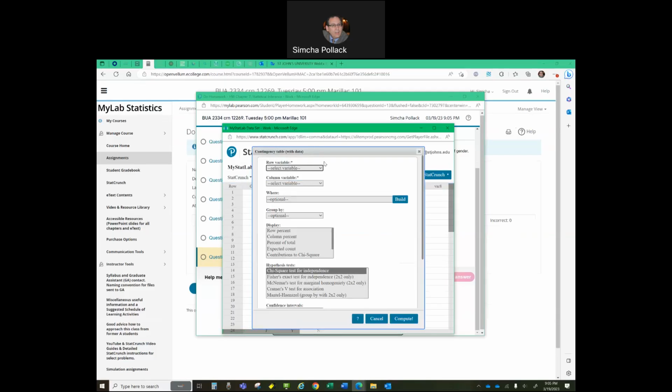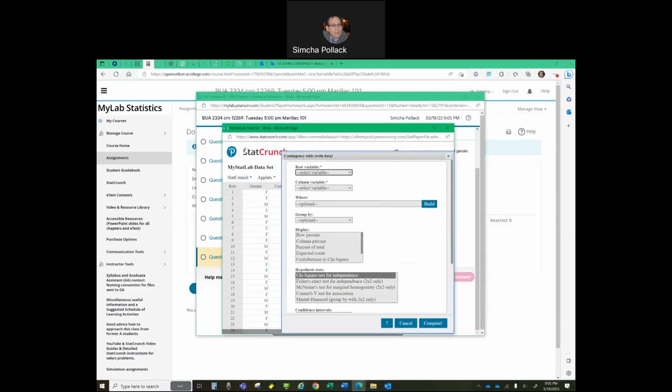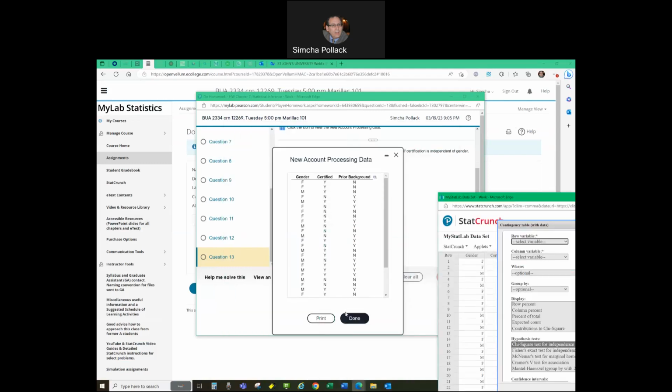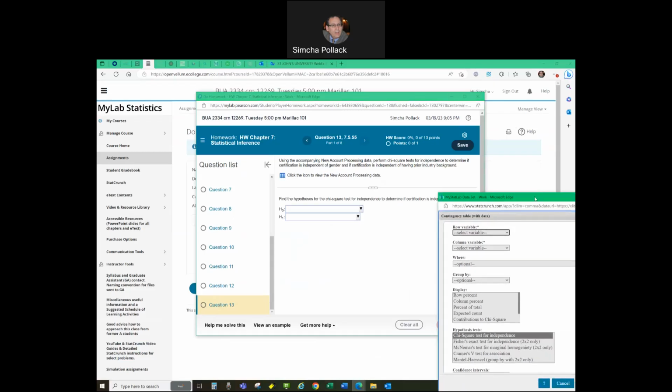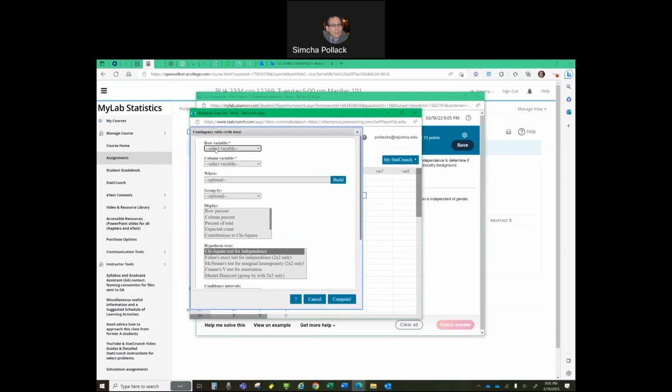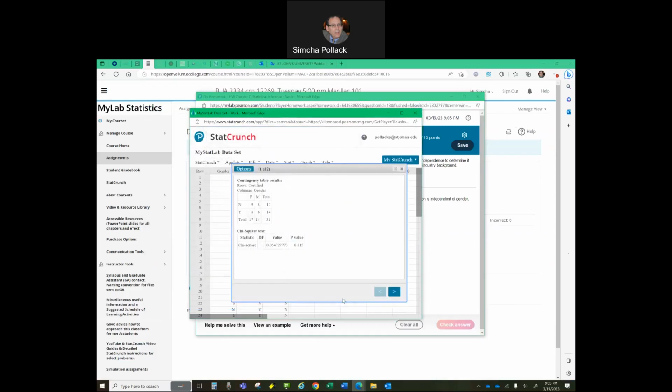I think the first one they want us to do is certification and gender. So let's go back to here. We want to see if certification and gender are related. Order is not relevant. You simply hit compute, and you have all this.